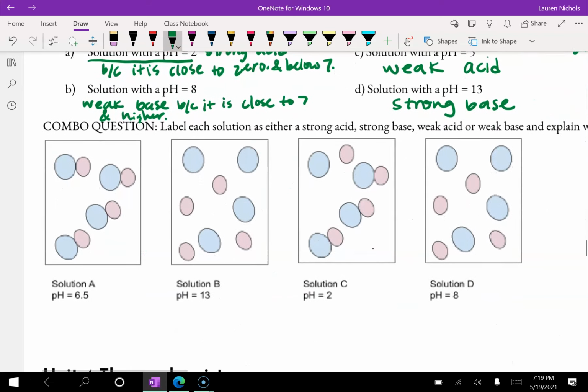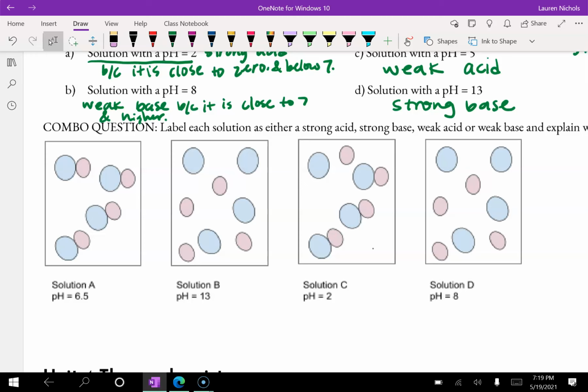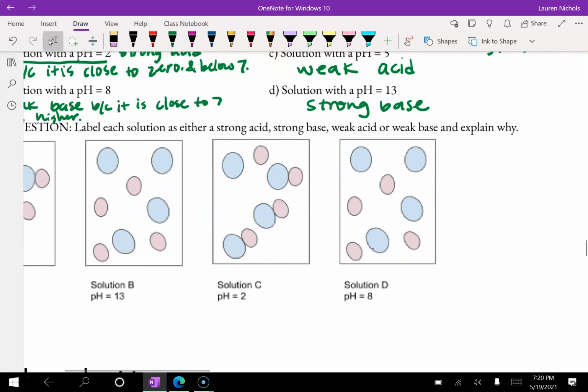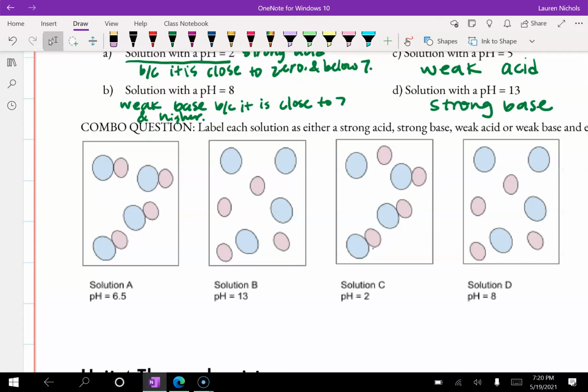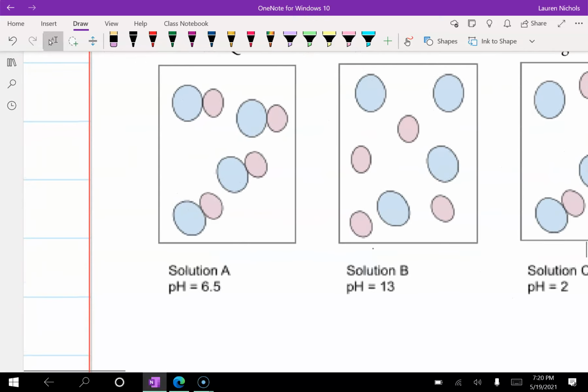However, if we look at this combination question, it says label each solution as either a strong acid, a strong base, a weak acid, or weak base, and explain why. So when you're going through this, each solution gives you pH and percent dissociation based on the picture.